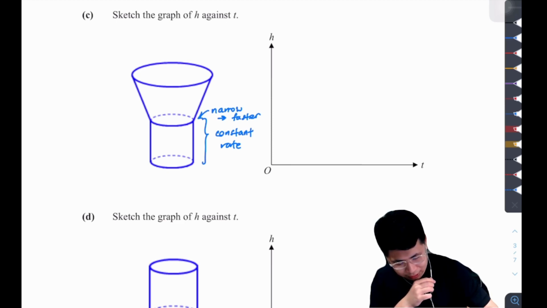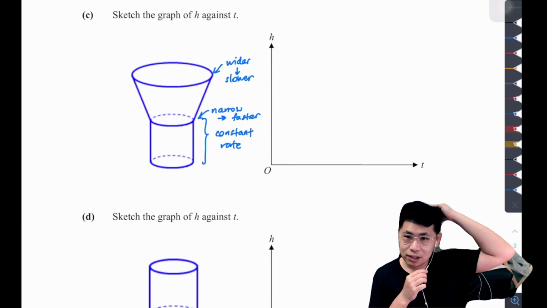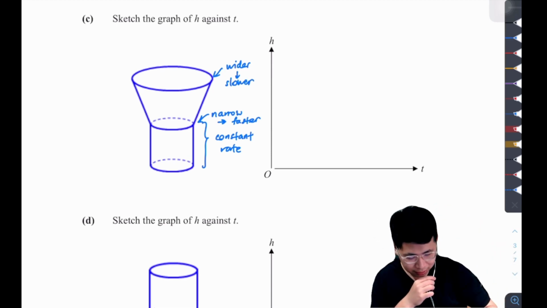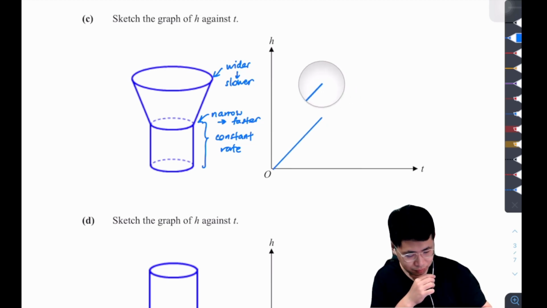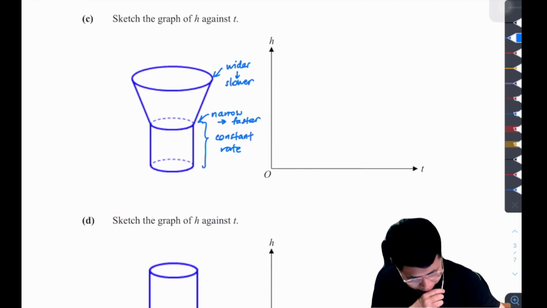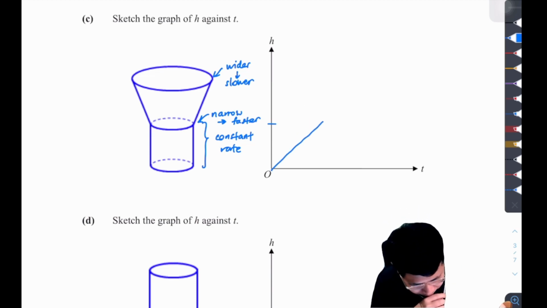And at the top over here, this is actually wider, and because it is wider, it's going to fill in slower. So at first you have a constant rate, which means you have a straight line through like that, until this point over here.